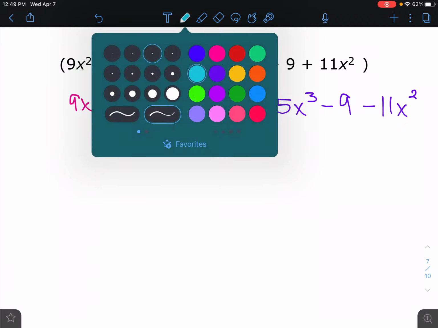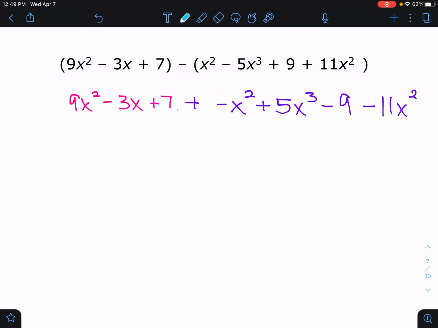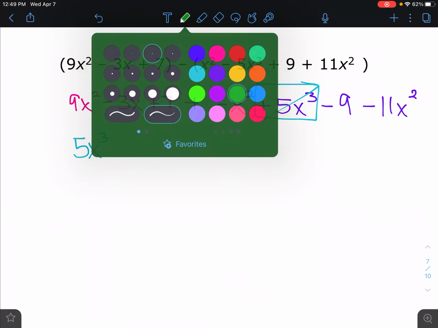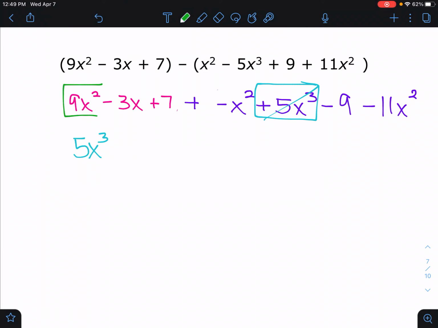So here we go. Let's see, x to the 3rd. I've got a 5x to the 3rd. It's the first one, so I don't need that plus sign in front. Then I'm going to do my squares. Okay, so squares, I got 9x squared. Remember, this is -1. If you want to put that 1 there, go for it.